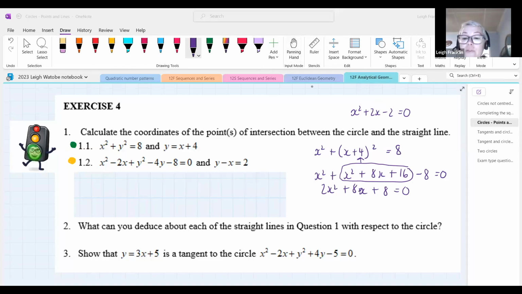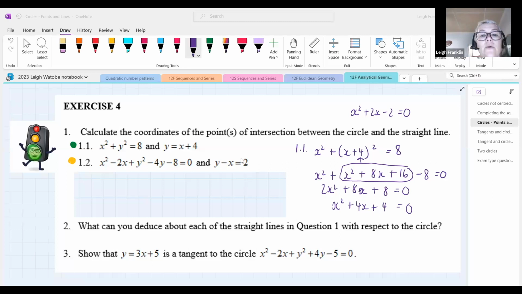Okay, so then you divided through by 2. So you would have ended up with x squared plus 4x plus 4 when you divided through by 2. Okay. All right. So I see there's a few people that are saying done in the chat.